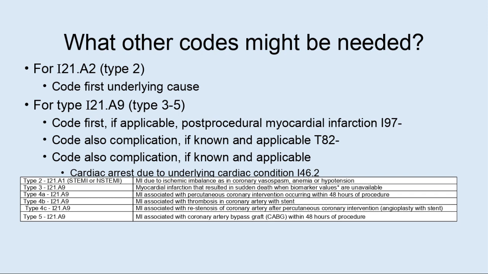Code also complication if known and applicable, T82. Code also complication, cardiac arrest due to underlying cardiac condition, I46.2. So as always, pay attention to those notes because they can give you a lot of really good information.